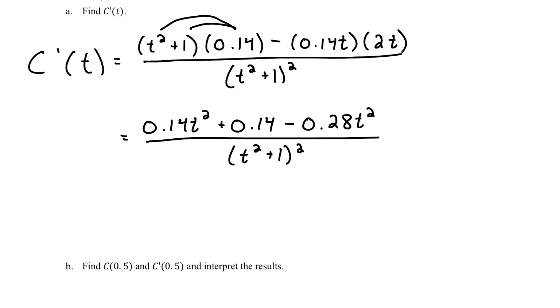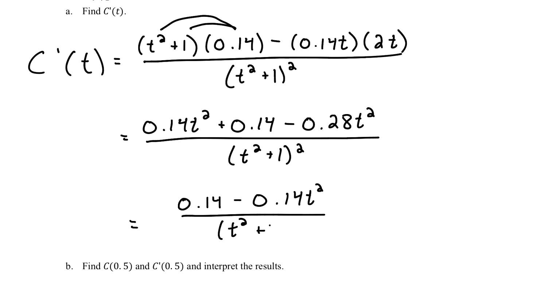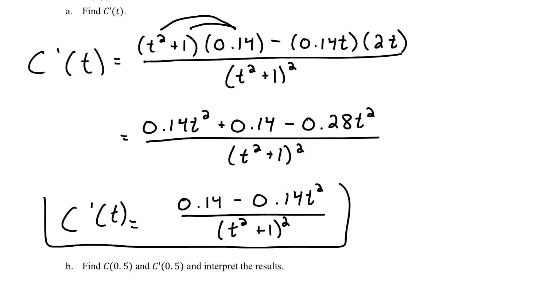We don't need to simplify that. In our numerator, we can combine some like terms, so we're going to have 0.14 minus 0.14 t squared, all divided by t squared plus 1 quantity squared. So here is our derivative, the first part of our problem, C prime of t. We've got that. We used our quotient rule.